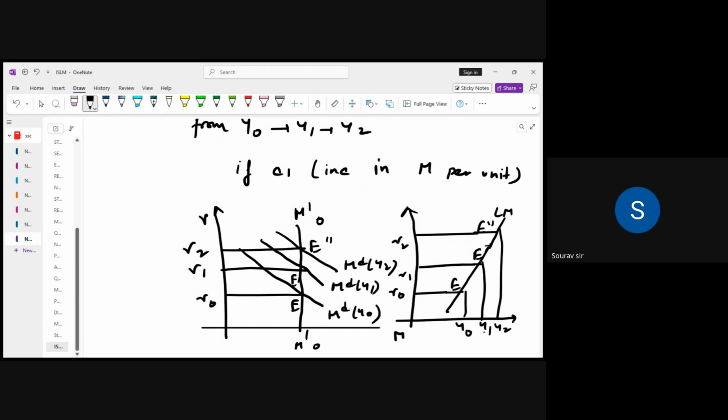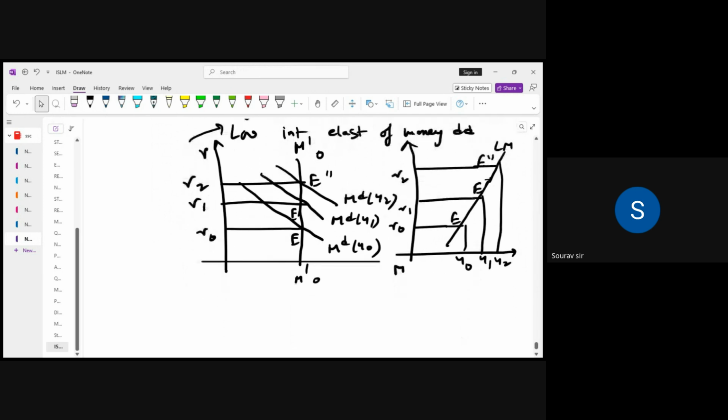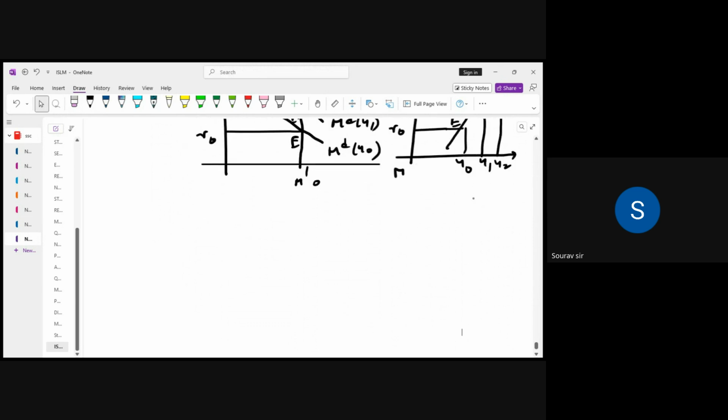This is low interest elasticity of money demand. If the interest elasticity of demand is low, then the demand curve for money is relatively steep, as you can see, and the LM curve is also steep. Then vice versa, for high interest elasticity of money demand, you also have a diagram.